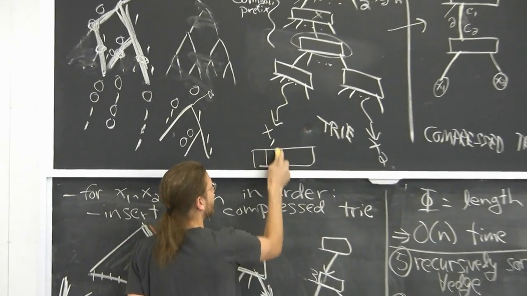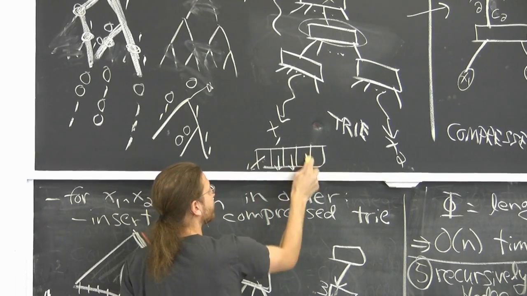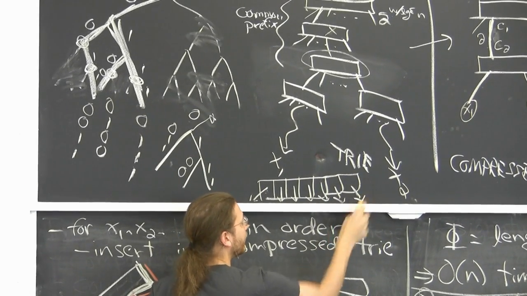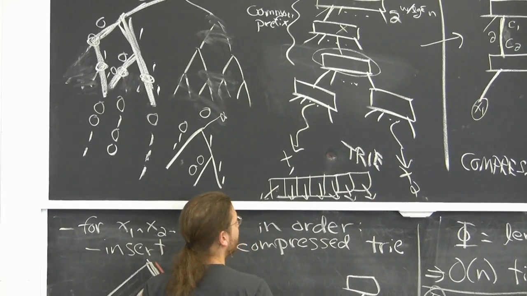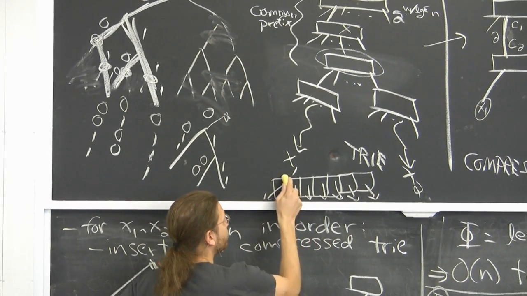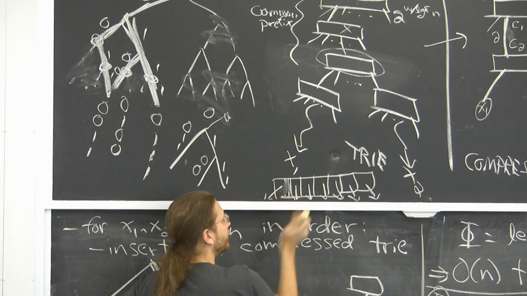So it's like, here's the first child, here's the next child, here's the next child. I just keep appending on. It's like an array that you can grow to the right, which you should know how to do in constant time. Even a linked list is probably fine. If there are a bunch of values here that are just null pointers, I don't want to store those items in the array.